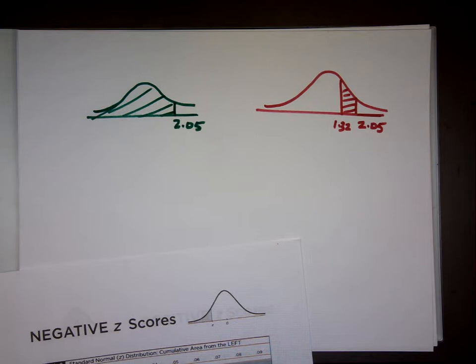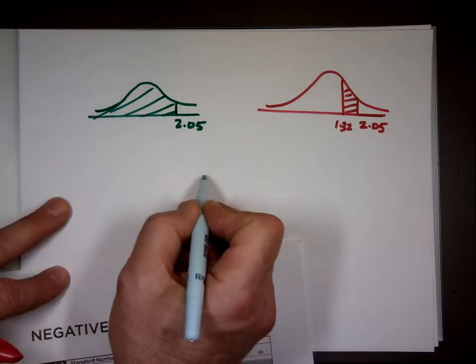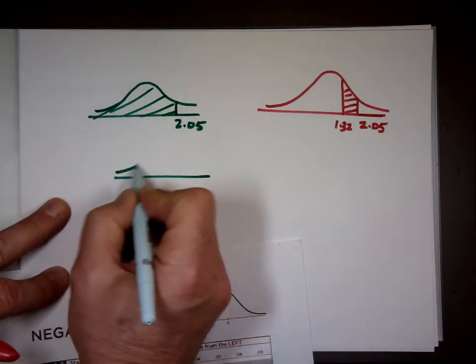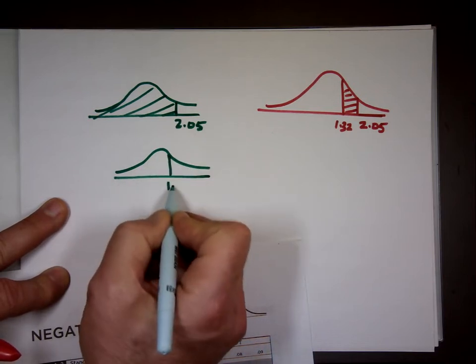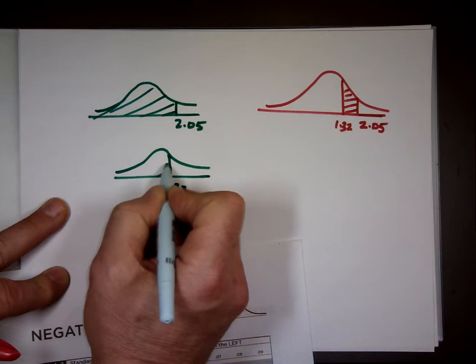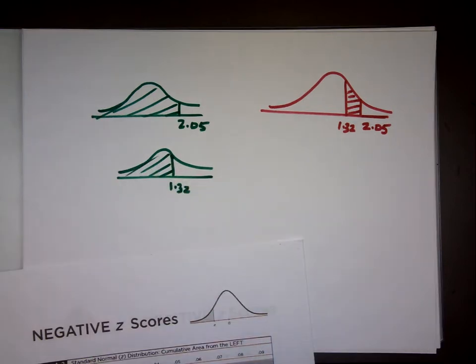And if I did the 1.32, I'm going to get that area. So what should we do then? Subtract them.